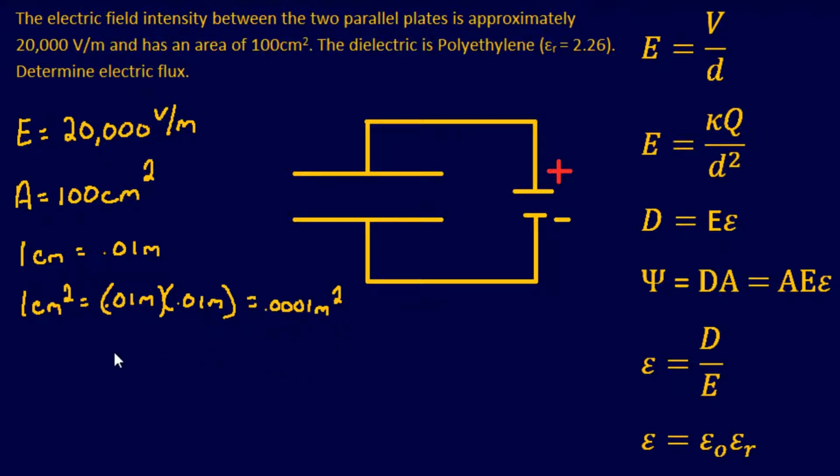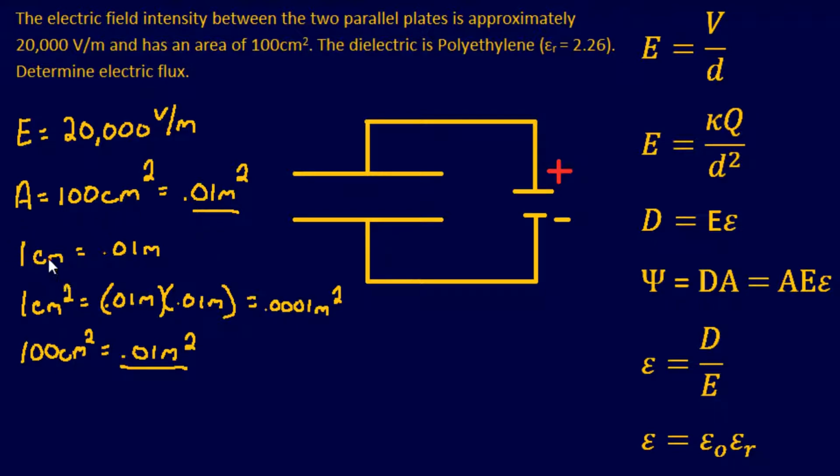However, for this one, we have 100 centimeters square. 100 centimeters square is going to equal 100 times that, which is 0.01 meters square. And that'll be the variable we use, because all of our calculations are in meters, so we're going to have to keep it in that particular unit. So that would be the one we use.